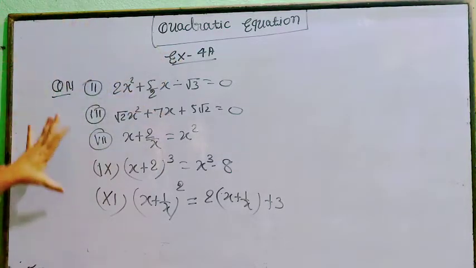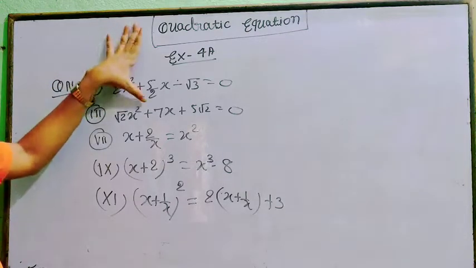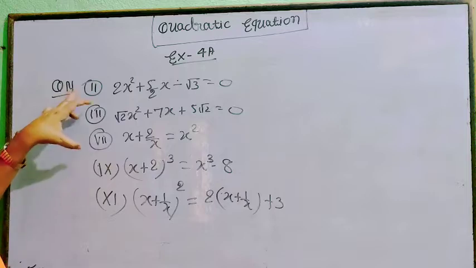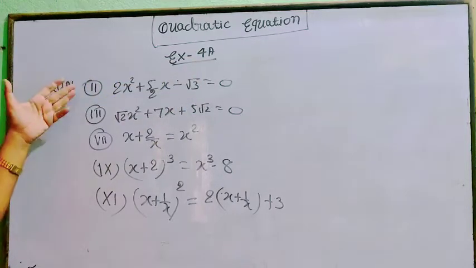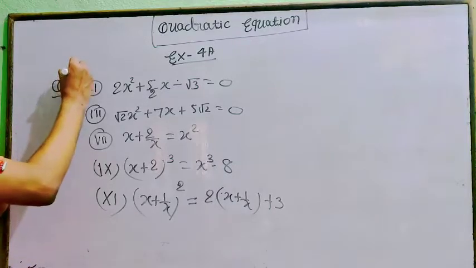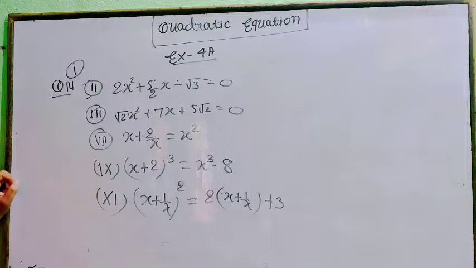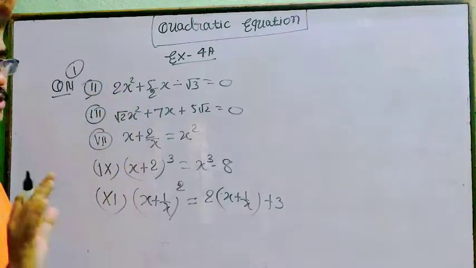In these questions you have to find whether the given equations are quadratic or not. Here, see exercise 4a, question numbers 1, 2, 3, 5, 7, 9 and 11. You have to find whether each is quadratic or not.